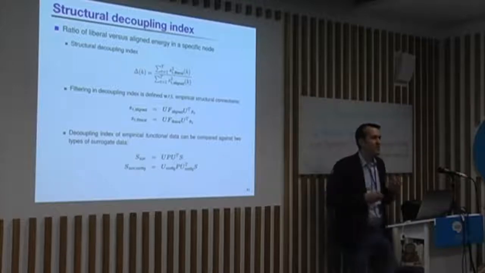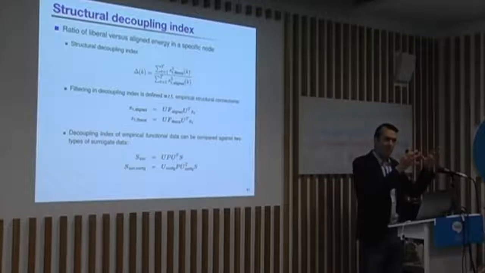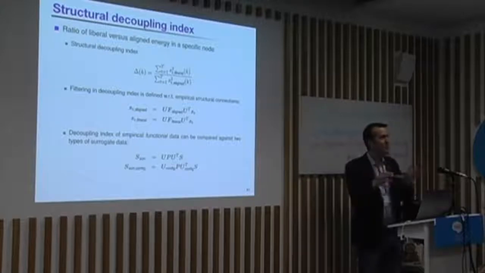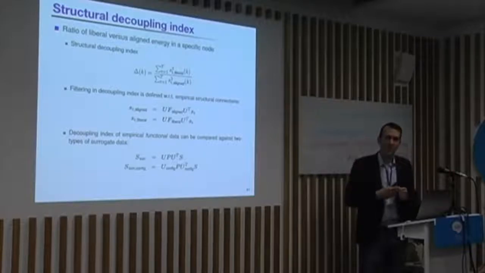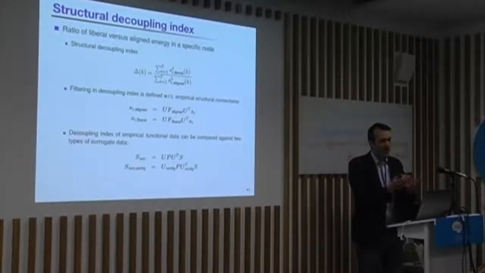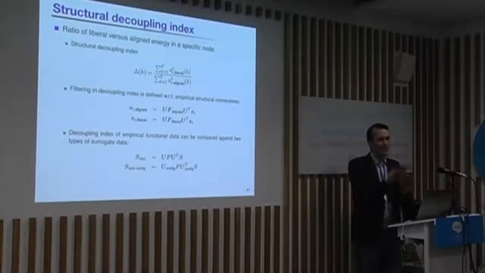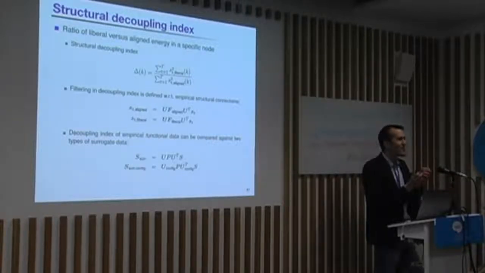So what is the intuition? Low frequency eigenvectors by construction capture smooth variations on the brain graph. High frequency eigenvectors capture more salient, less smooth variations on the brain graph. So we make the assumption, given also that the fMRI as expressed on the structural connectome spectral definition has a power law, that if you have more energy in the low frequency eigenvectors, that means your function is more aligned to the structure.